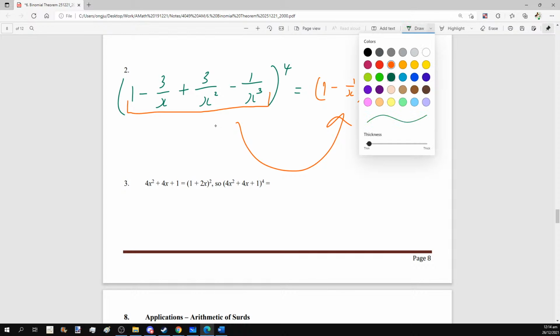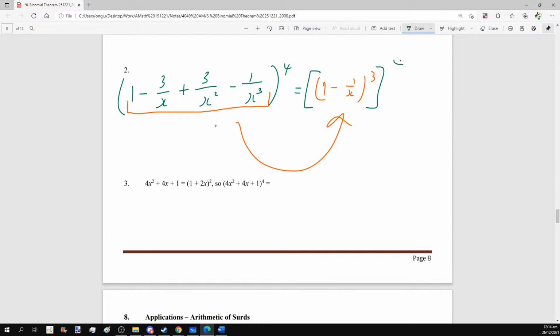From here, we will get back, of course, the power 4, and this gives us the very nice 1 minus 1 over x to the power of 12. From here, it becomes easy to open it up.